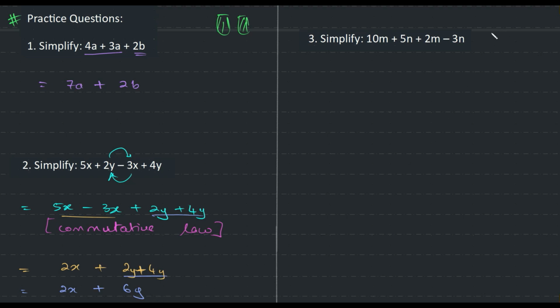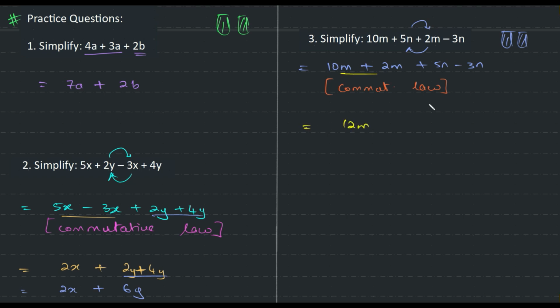So can you please pause and try this? Now you guys have a hint at how these problems are. First, I will shift the terms around using the commutative law. And now I can see these terms are same.